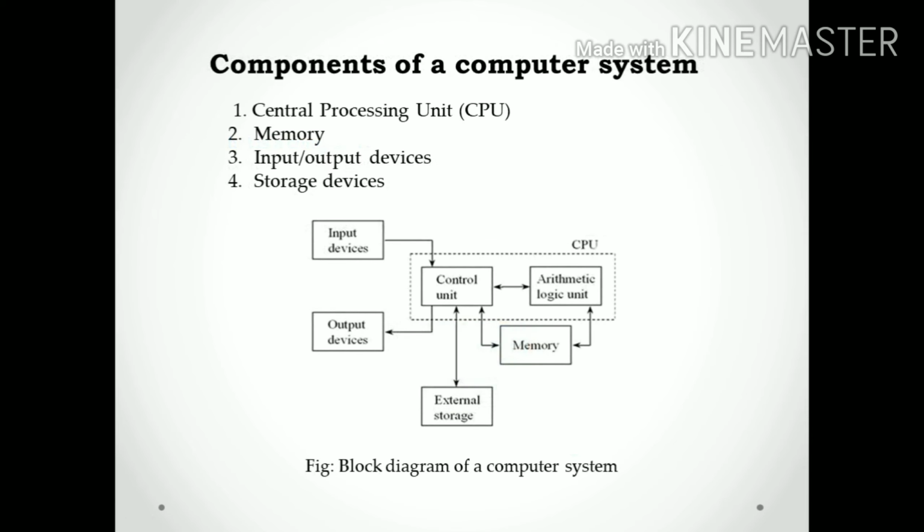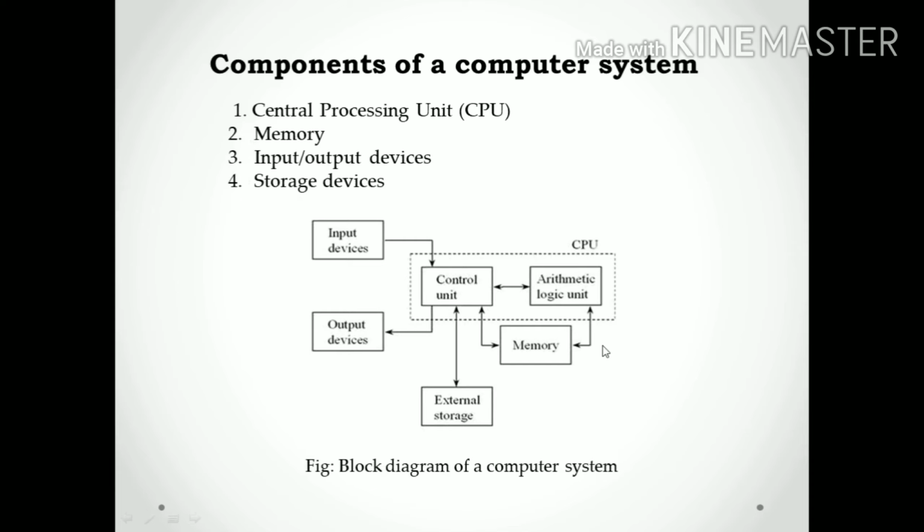Next, we shall see what are the components of a computer system. There are 4 components, that is central processing unit or CPU, memory, input-output devices and storage devices. And here we can see the figure of a block diagram of a computer system.